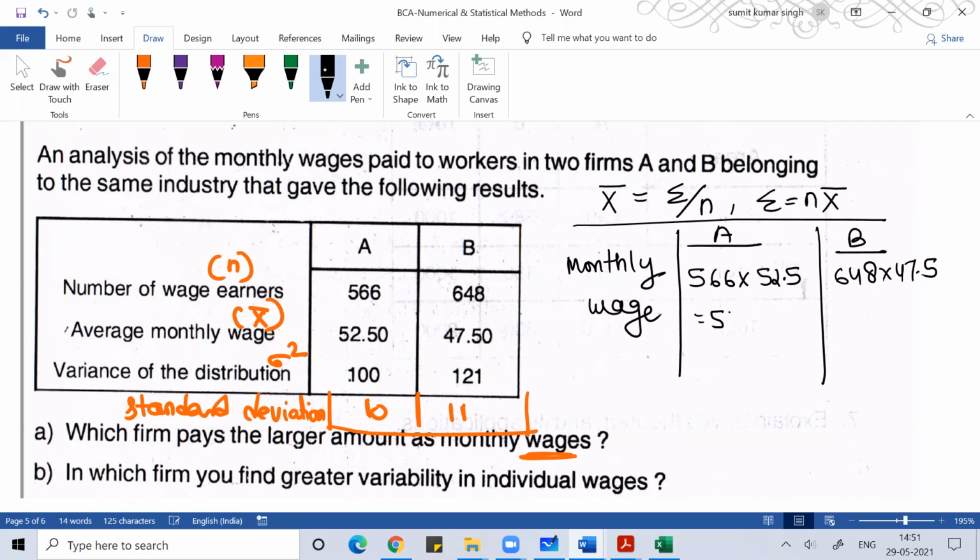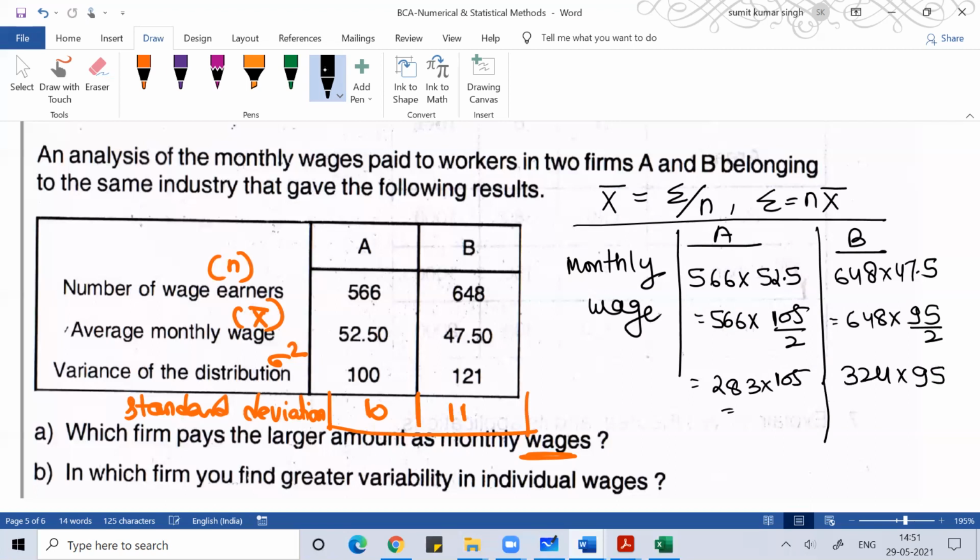So 566 into 52.5: 52 twos are 104 plus 1, 105 by 2. And 648 into 47.5: 47 twos are 94, 95 by 2. So this is 283 into 105, and this is 324 into 95. So you can find this value.